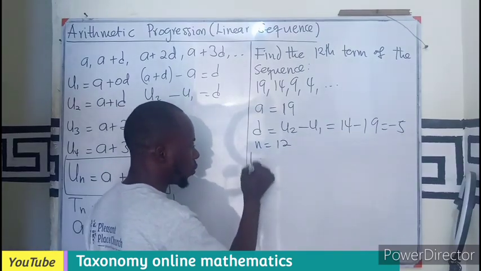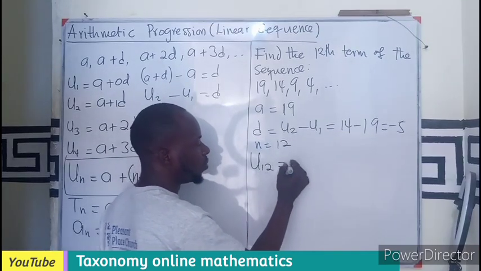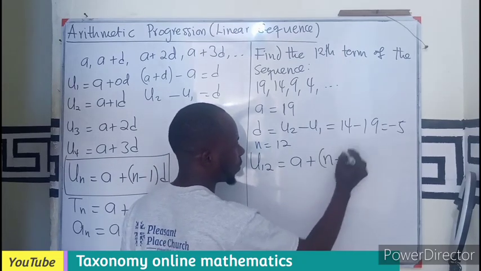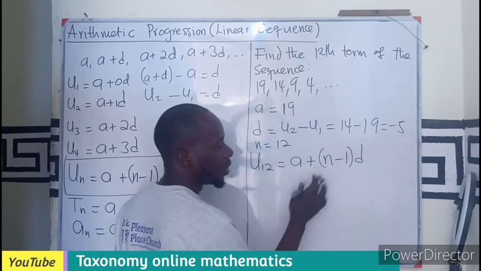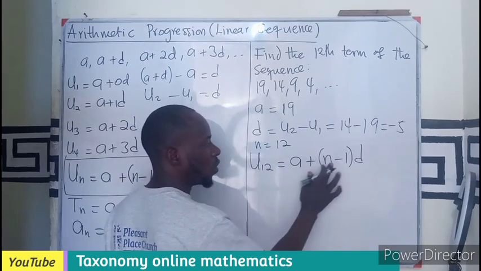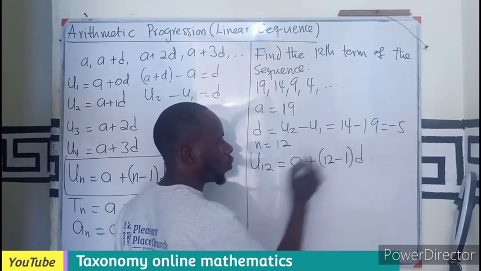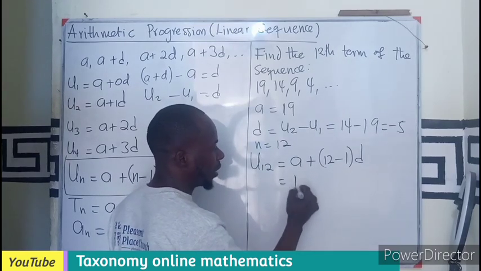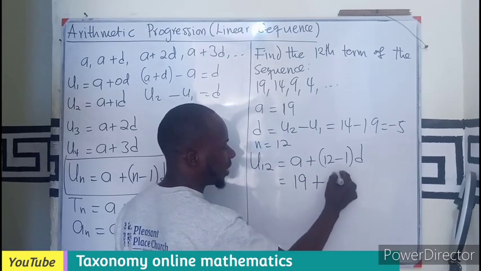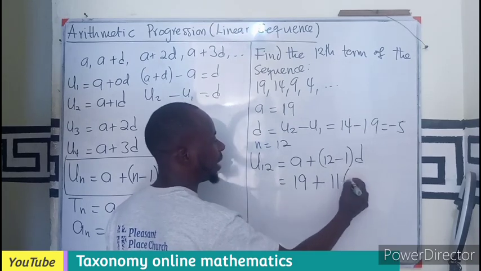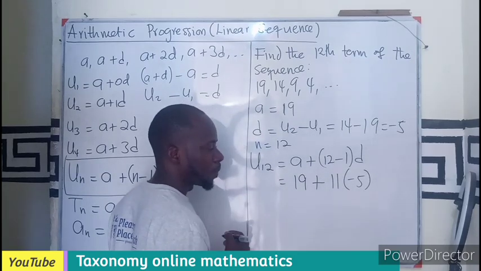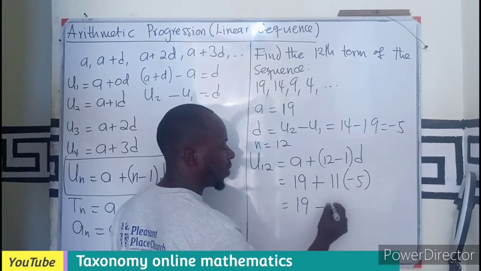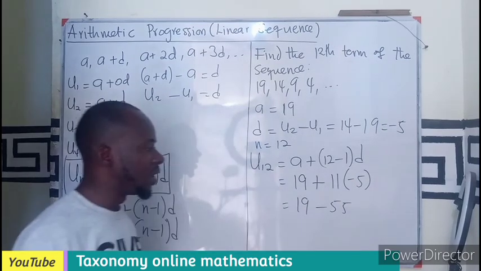So if you are looking for the 12th term, U12 is going to be A plus n minus 1 times D, where n is 12. So we replace n with 12. That becomes A, which is 19, plus 11 multiplied by D, which is negative 5. 19 will come, and we have negative 55.